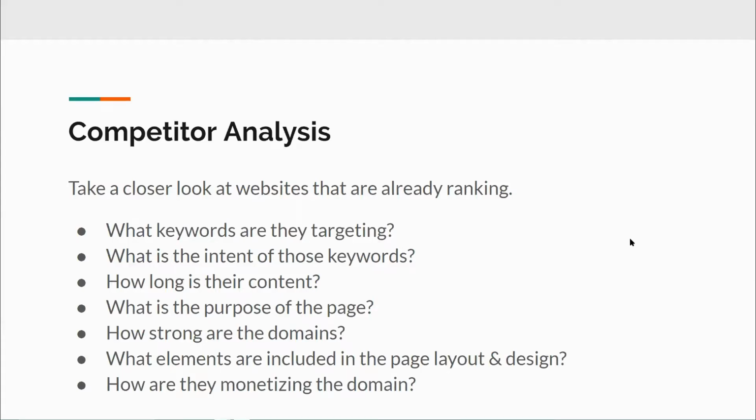So competitor analysis, looking a little bit deeper: what keywords are your competitors targeting? What are the intents of those keywords? So back to helping the customer, helping your ideal client, because the client's on a journey, right? The client has a problem and they're trying to find a solution, and your product or service is the solution to that problem. But before they get to the point where they're ready to buy from you, they've got to trust that you're the expert that they're looking for.